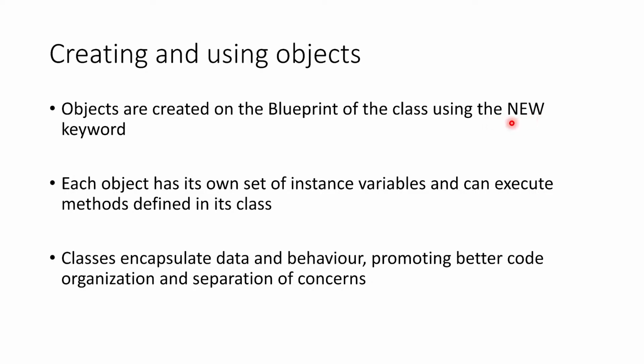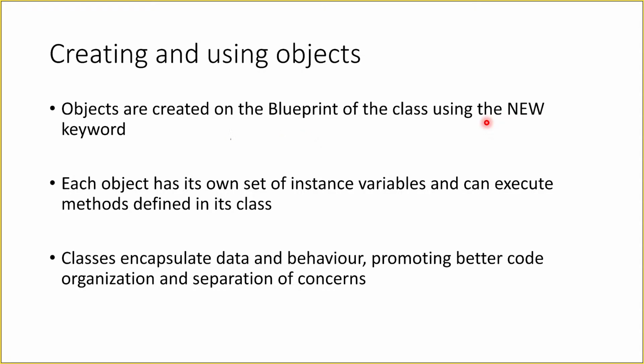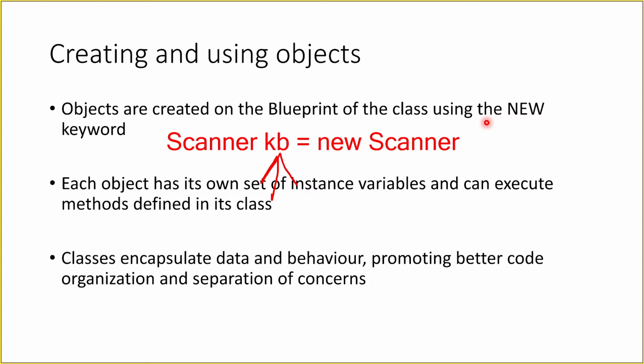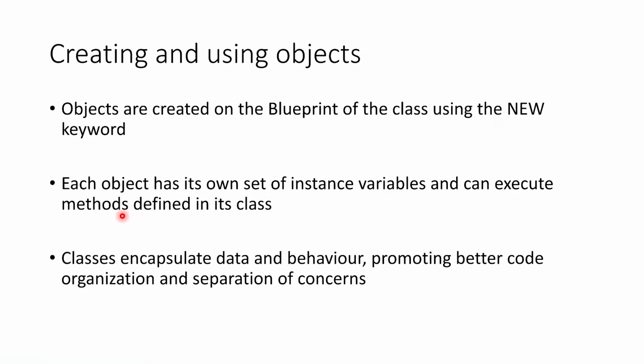Like when you're creating Scanner kb equals new Scanner, what are you doing here? You are actually creating an object. So whenever we're creating our object, we use the new keyword.